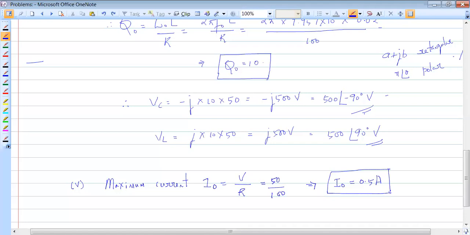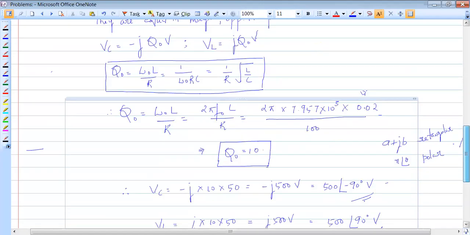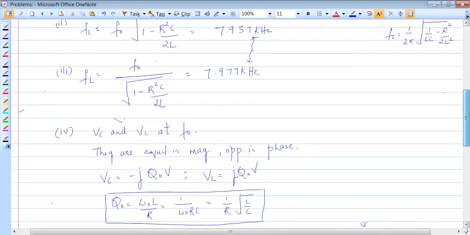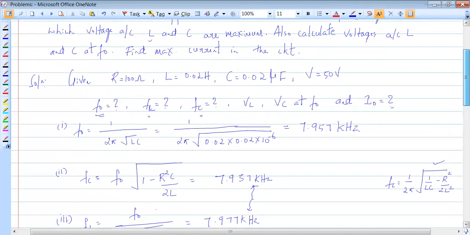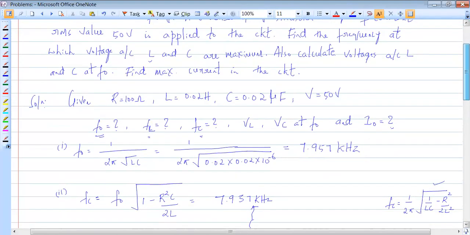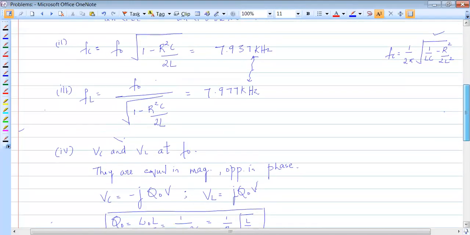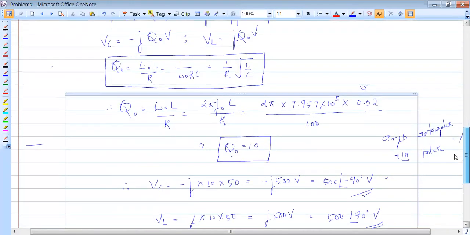Okay with this, everybody? I hope you have followed. What we have done in this problem is just taken all the equations that we have derived. So this problem is just remembering the equations and substituting the values in them to get the answer.